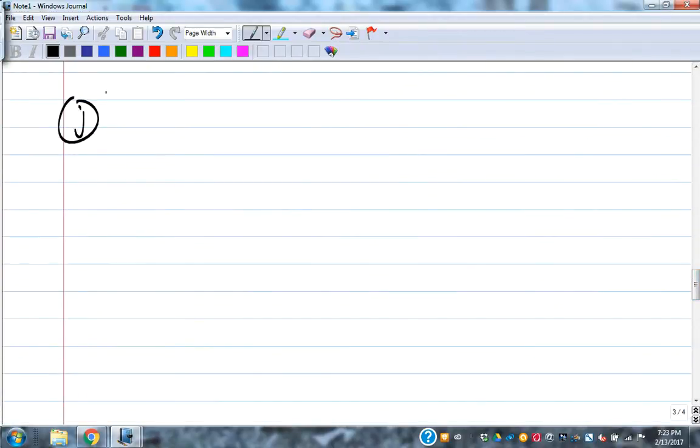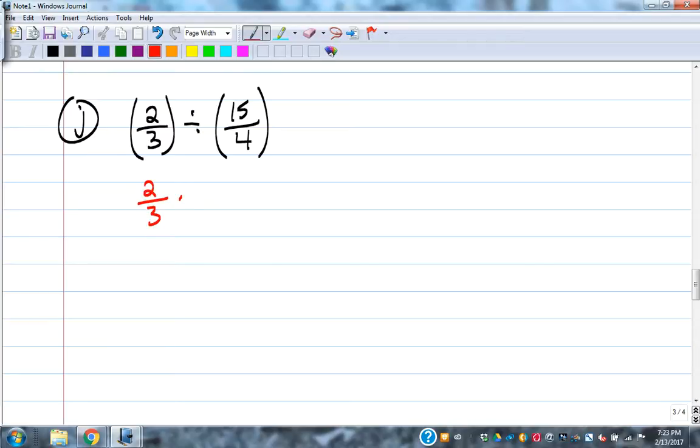If I were gonna divide 2/3 divided by 15 over 4, it's 2/3 times 4 over 15. That's how that works. You're always going to flip the second one and multiply. This one doesn't simplify any, so you're just going to multiply straight across. So it'd be 8 over 45, which doesn't simplify at all.